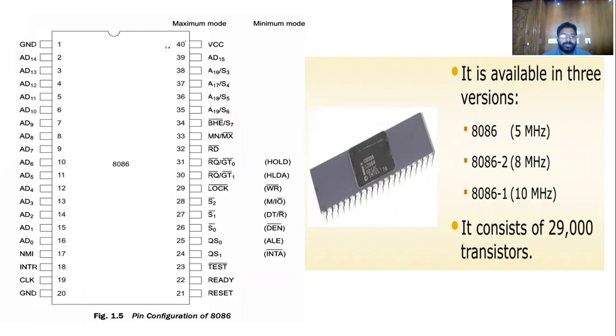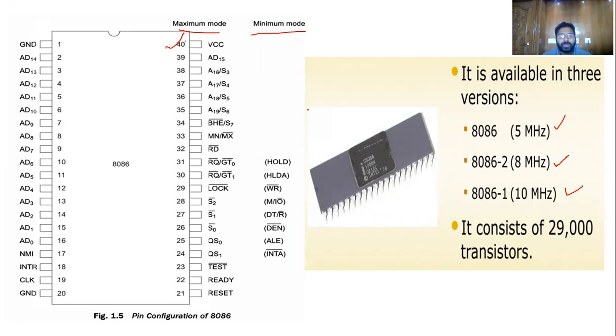This is the 40 pin microprocessor. The clock is available in three variants: 5 megahertz, 8 megahertz, and 10 megahertz. The 8086 microprocessor works in two different modes, minimum mode as well as maximum mode.